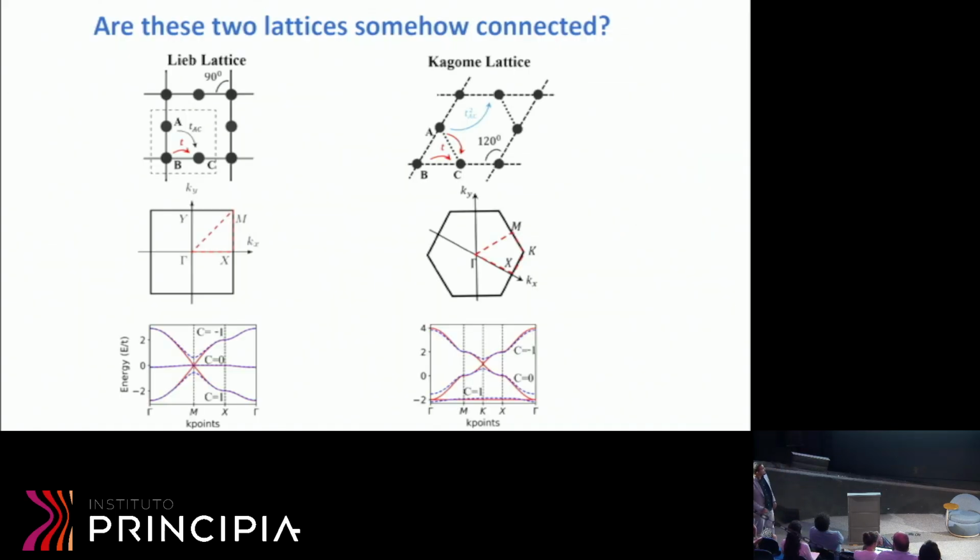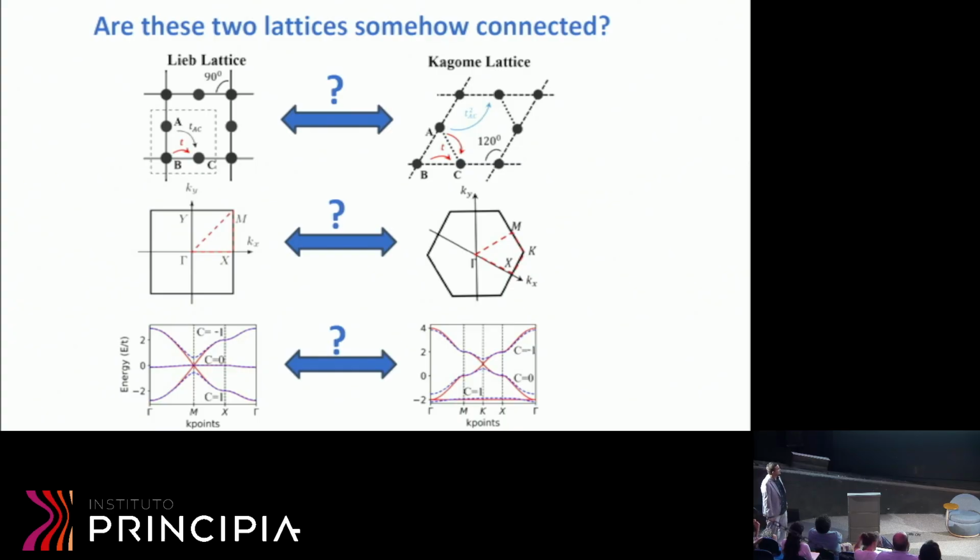So the probability of being transmitted is 100 percent. And a natural question arises. Since these two lattices share crystallographic aspects and some electronic aspects, they are somehow connected. I have to say this is the main motivation for all the works that I present here today.